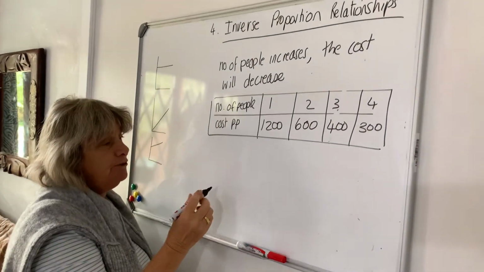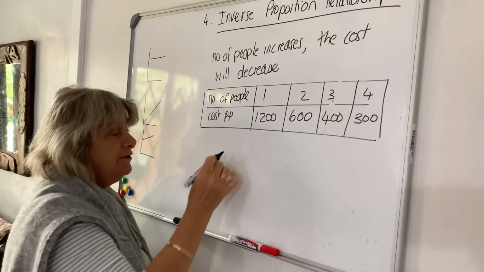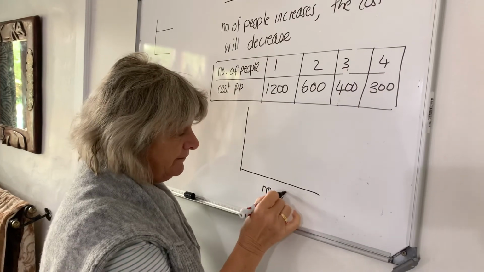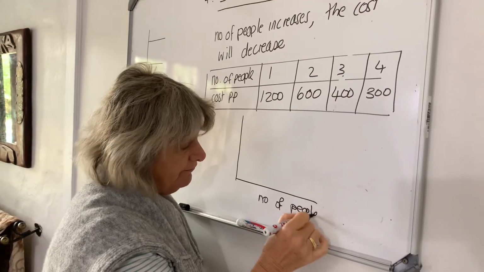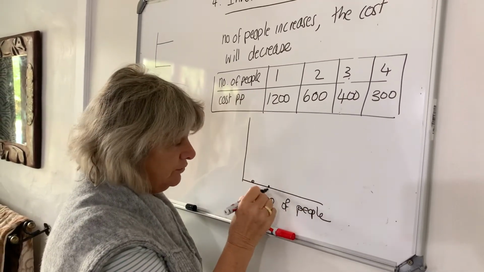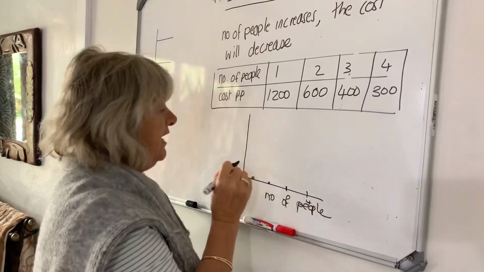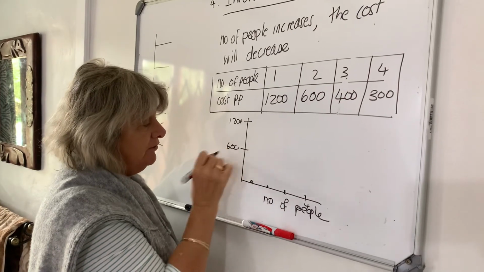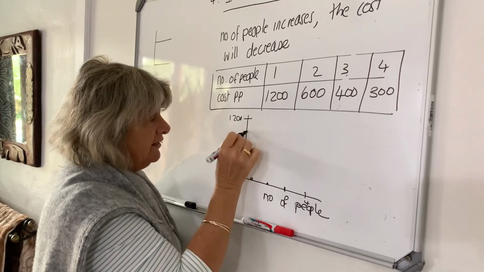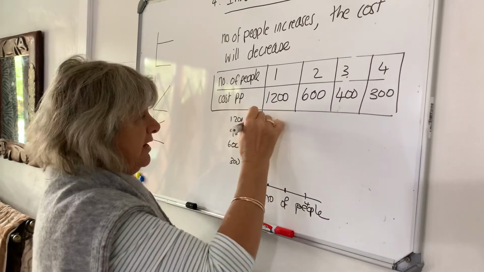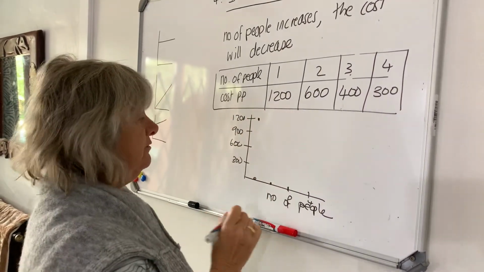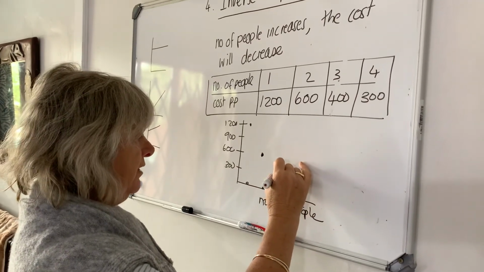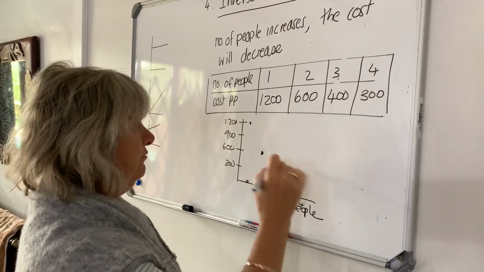Now, let's come to the graph before we look at the equation. So we're going to plot this, and along here we'll have number of people. Our max will only be 4, 1, 2, 3, and 4. And we have to go up to 1,200, so half of that is 600, half of that is 300, and so on. So one person would be 1,200, 2 people would be 600, 3 people would be 400, and 4 people would be 300.